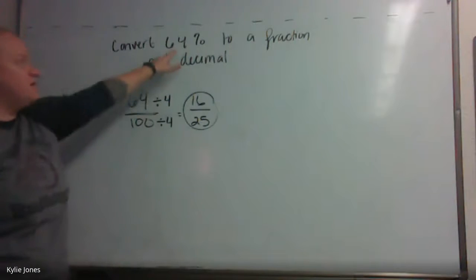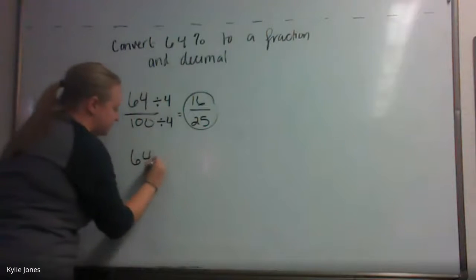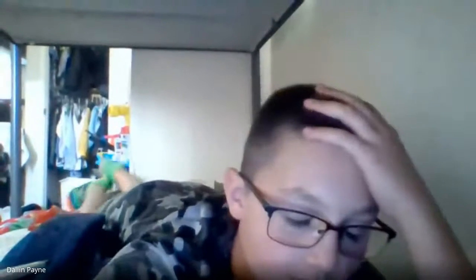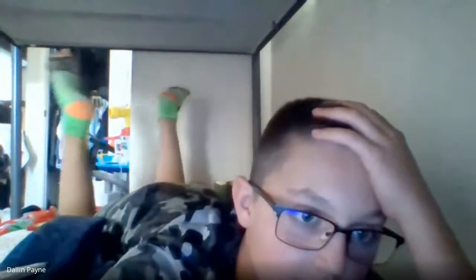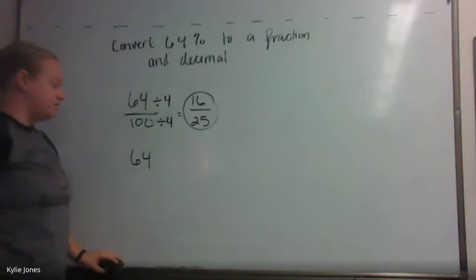Now we need to go from percent to decimal. So we take 64%. This needs to become a decimal. Converting a percentage into a decimal is the easiest one to do. We need to get rid of the percent sign first.